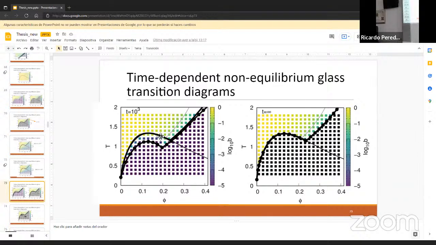The thing is, yes, there are power-law behaviors, but how to say it properly? Let me think a little bit. So, for example, in this case, from this diagram's perspective, imagine we have a magnetic system.